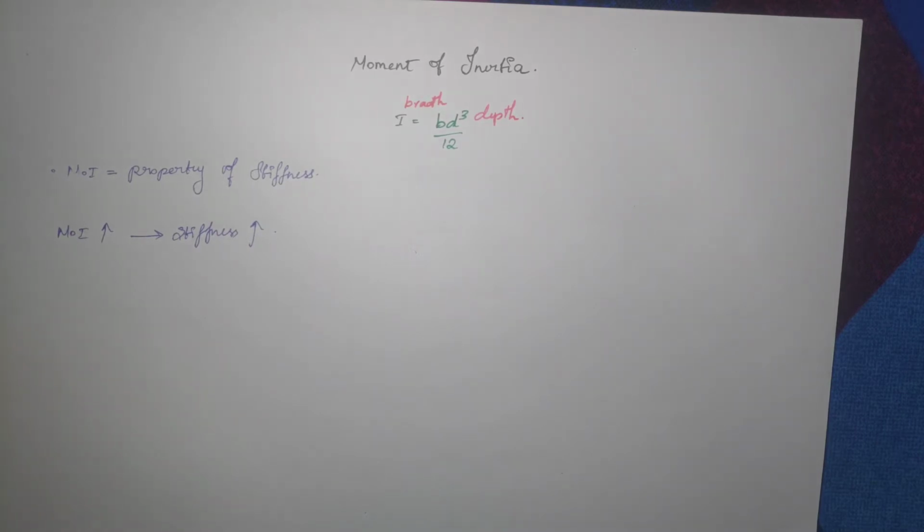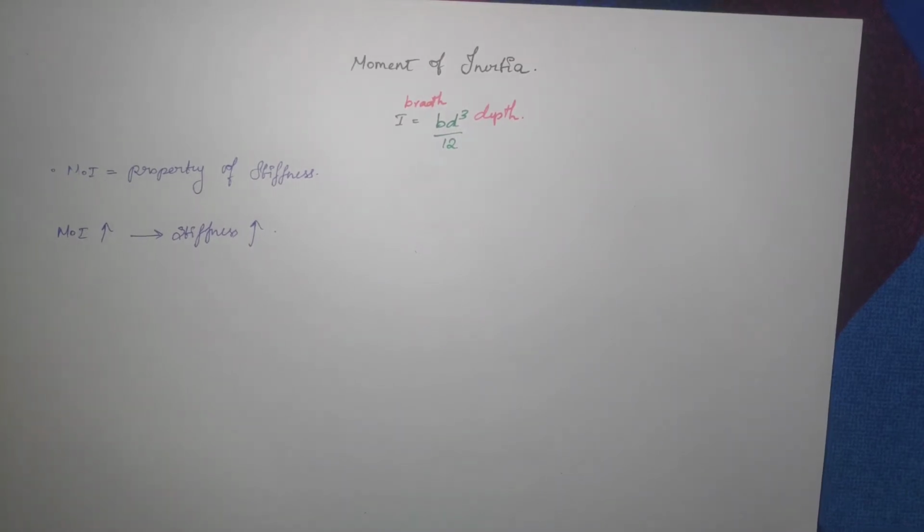We know the numerator is a multiplication of breadth and depth cube. So the more depth or breadth provided, it will automatically increase the moment of inertia as it is in the numerator. If something is in the denominator, it will surely reduce the value. But here it is in the numerator, so it will surely increase the moment of inertia.